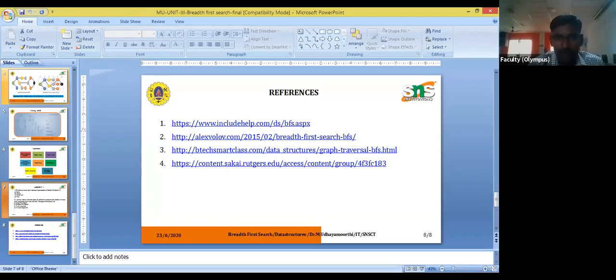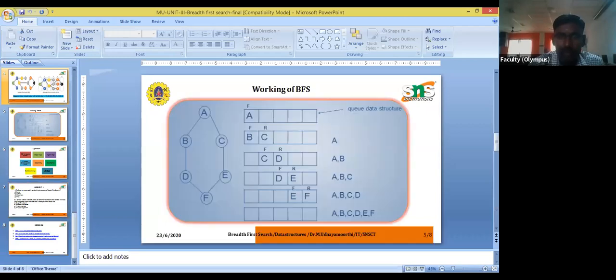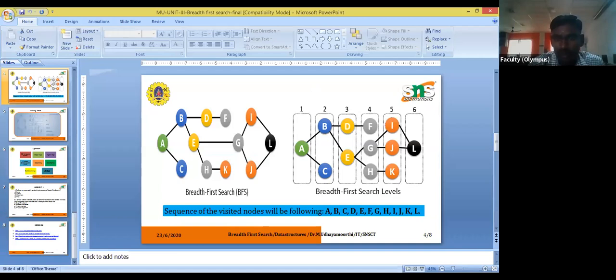Okay, so it is a simple routine which shows the concept of breadth first search.